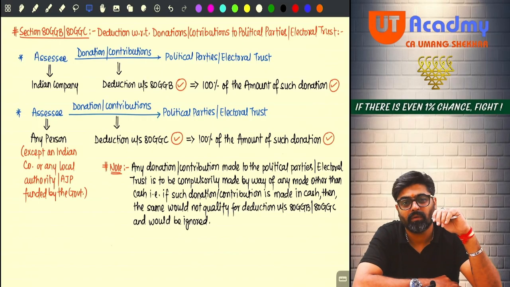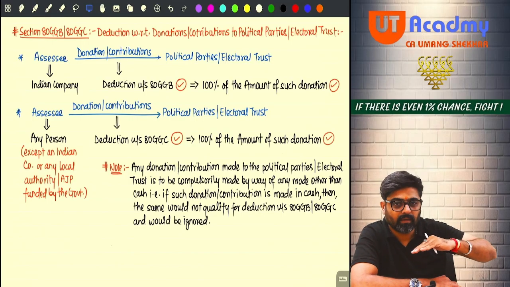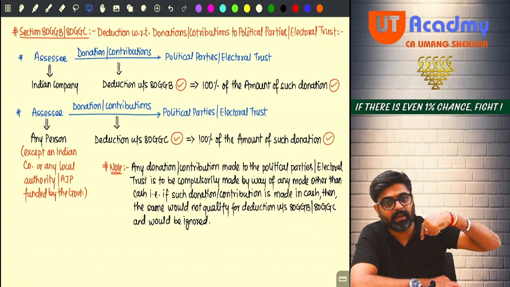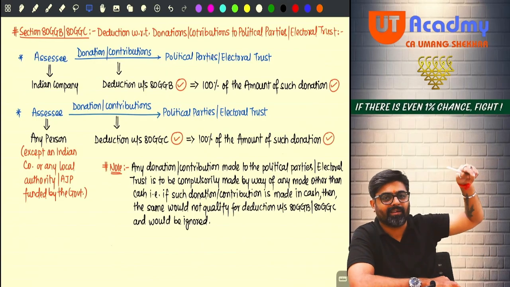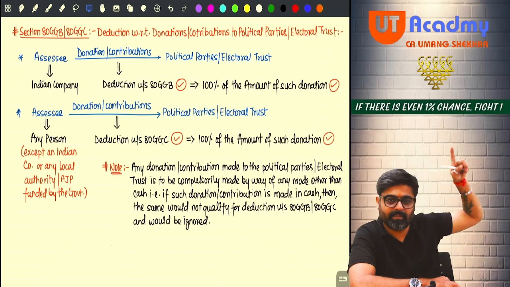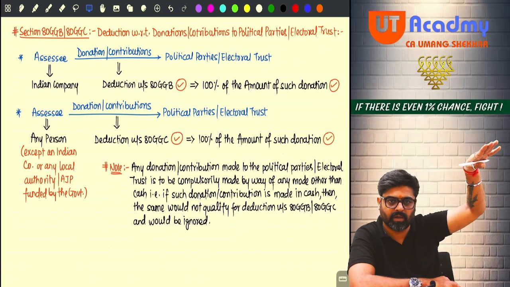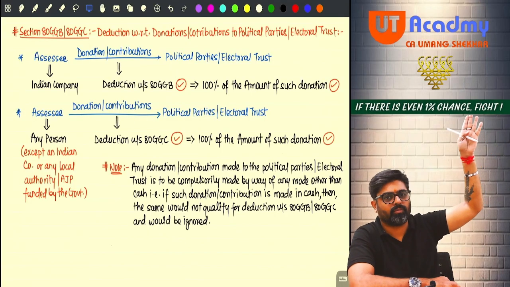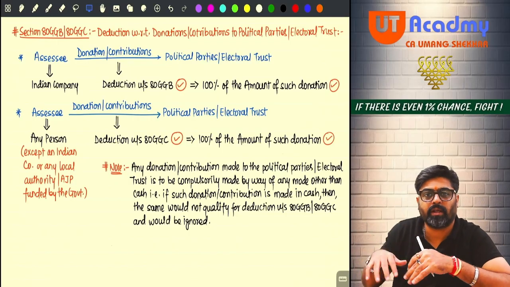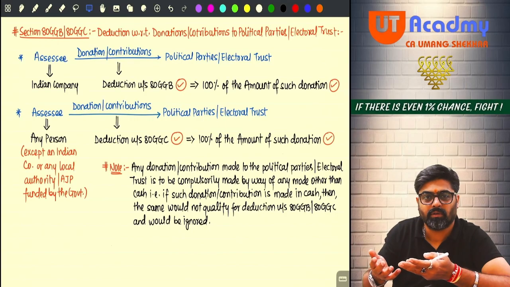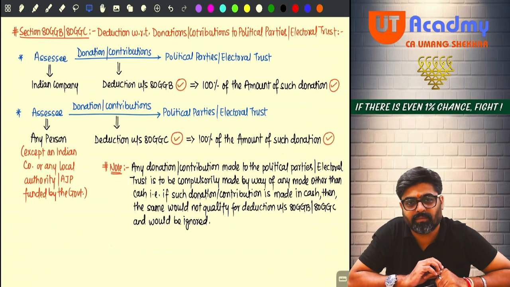Because what will happen, the government will give them the fund, and the government will tell them to give it to the political party whose government is there. BJP is there, no? Right now BJP is the ruling party, and the government is formed by the BJP. Now this government is funding some local authorities and AJPs and telling them, go and donate to BJP.